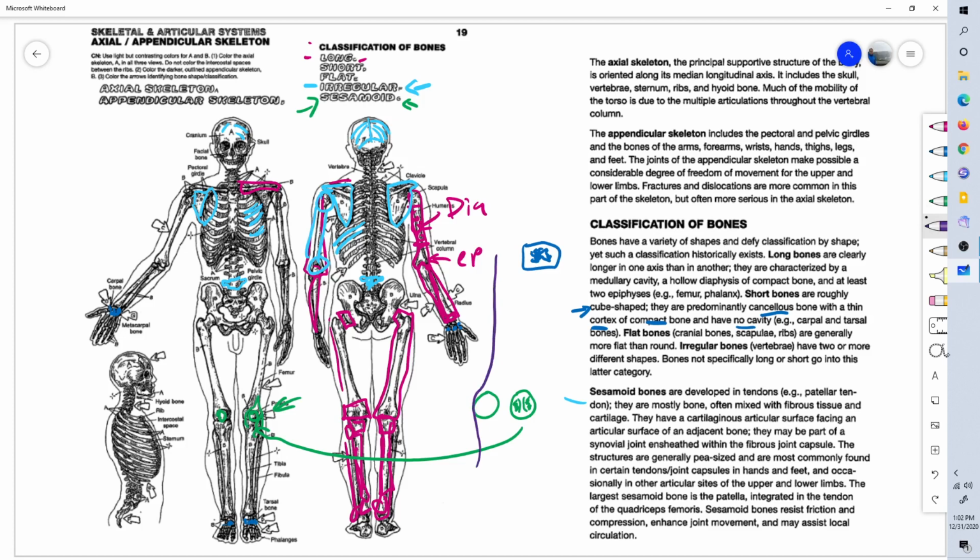So here's your quad muscle right here, right? There's your rectus femoris muscle and your vastus lateralis, vastus medialis, and then there's a tendon that comes off of these muscles. You know what? Yeah. I will make the tendon.